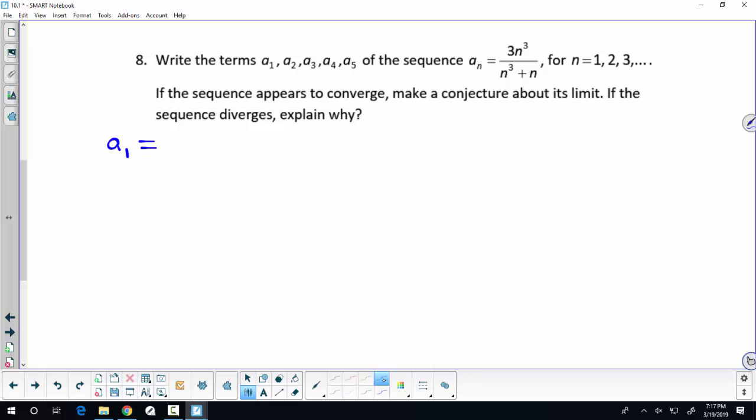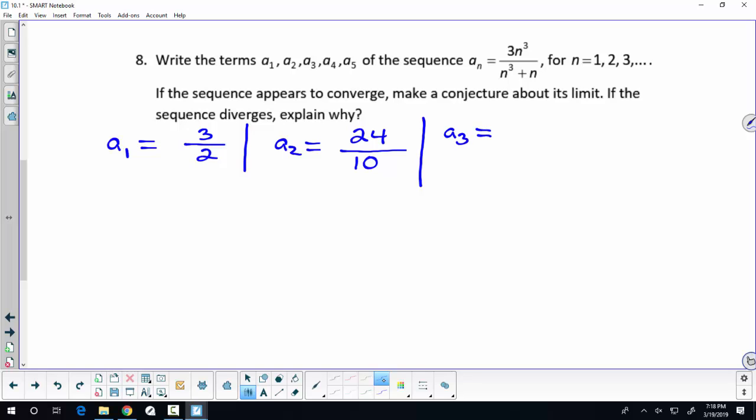Since the powers are the same. Yeah, function analysis, rational function, limit at infinity. What's the first term? 3/2, where n is 1: 3 times 1 cubed over 1 cubed plus 1. Second term: 24 over 8 plus 2.